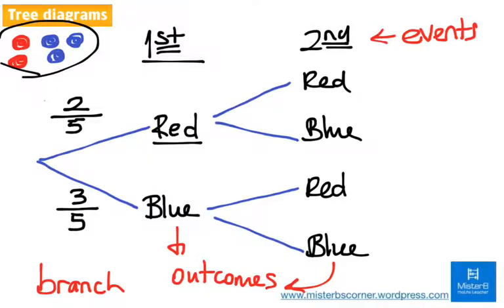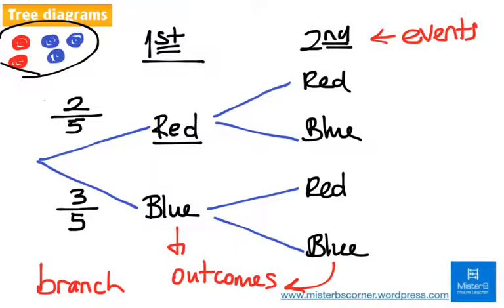Now remember that we pick the ball and then we replace the ball, meaning we put the ball back into the bag, right? So again, while calculating the probabilities for the second event, I will have the same number of red balls, same number of blue balls, and so the total will be the same.